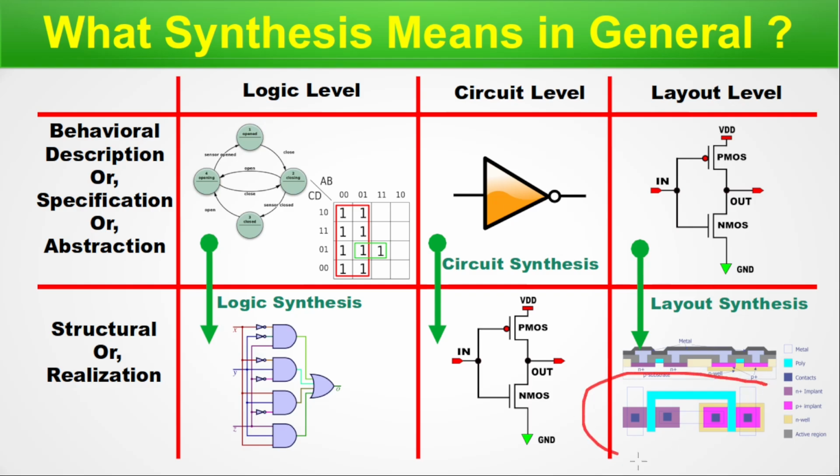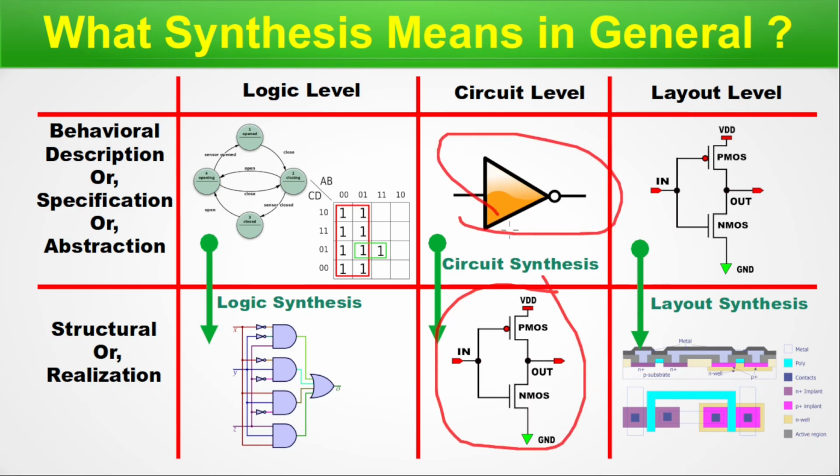You can see these are the layouts. These basic layouts of each individual unit circuit, it may be a logic gate or a standard cell, are there in the standard cell library. Here I said it's an inverter just to understand and correlate here to here and here to here.